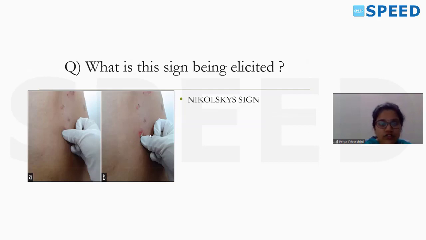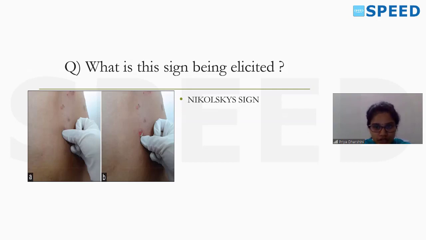This is positive only in intraepidermal bullous disorders, when the bullae form within the epidermis. So in pemphigus vulgaris and its variants such as pemphigus foliaceus, pemphigus vegetans, and paraneoplastic pemphigus, we can see the Nikolsky sign being positive.